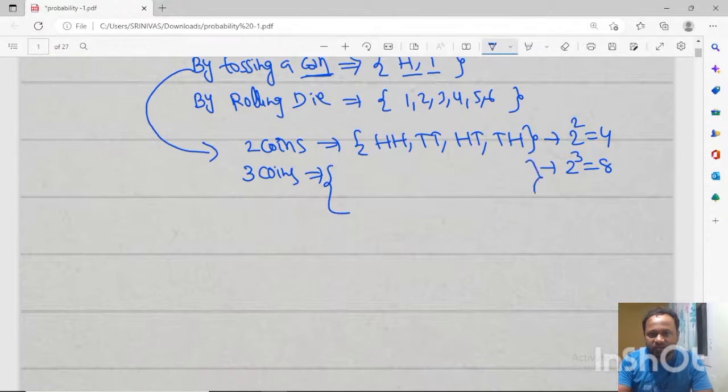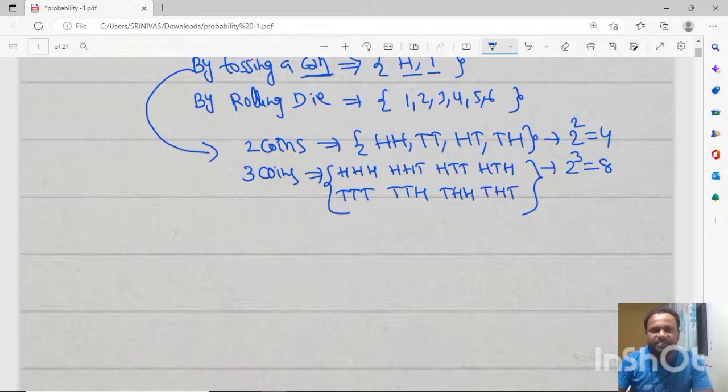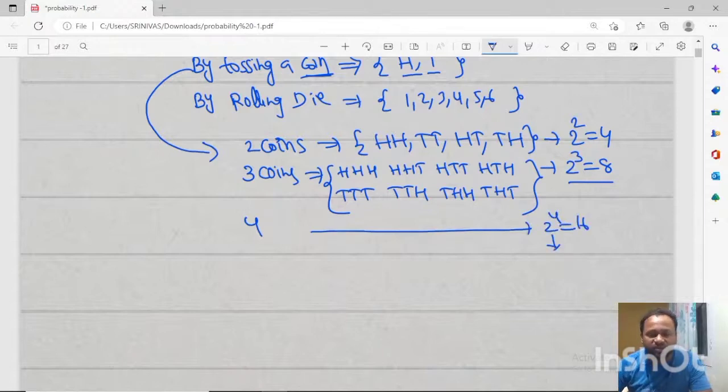Like head head head, head head tail, head tail tail, head tail head, and T T T, T T H, T H H, T H T. So these are all outcomes, and those outcomes will be 8. If we toss 4 coins, we will get 2 power 4 is equal to 16. In that way we can do.